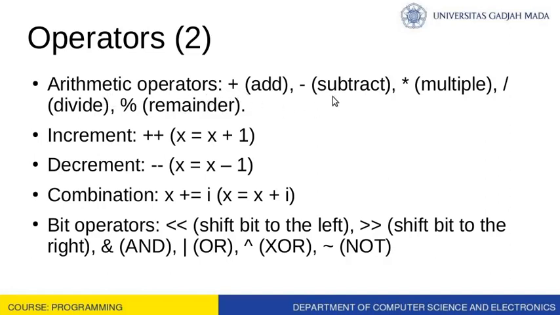We have addition, subtraction, multiplication, division, and also remainder. Maybe in high school it is not common to discuss the remainder in mathematics. However, in programming and computer science, the remainder operator is commonly used.